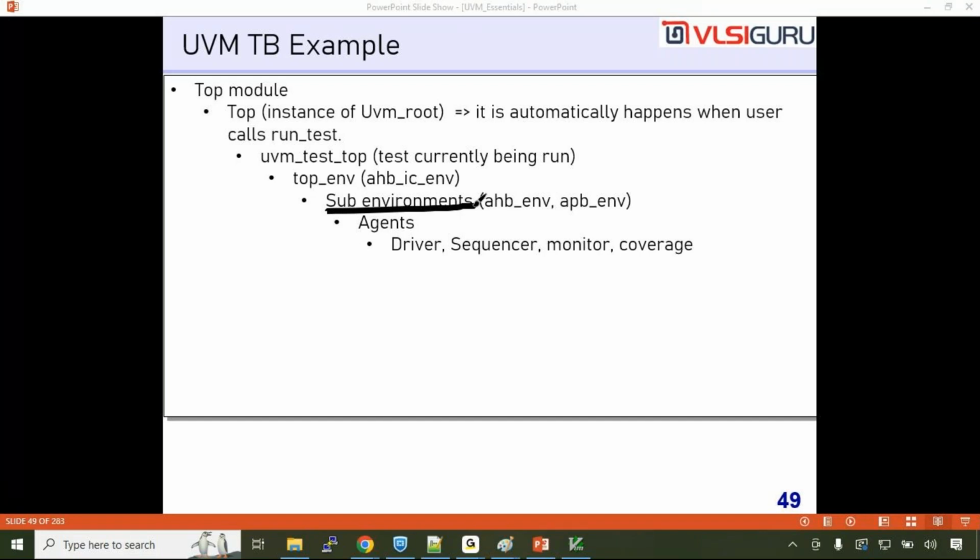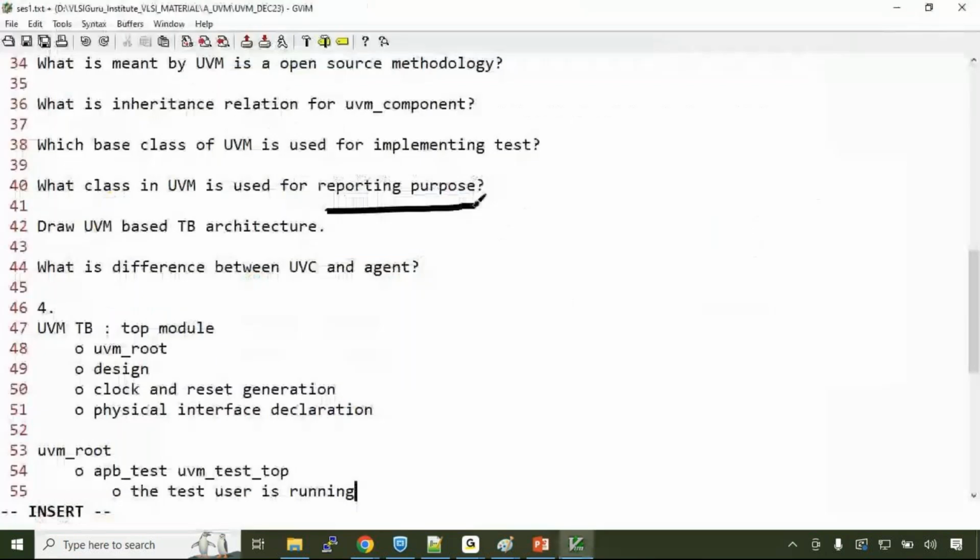So let's again revise once. What is the topmost thing? Top module. Below top module, UVM root. Below root, test. Below the test, environment. Below environment, sub environments, smaller environments. Below sub environment, agent. Below agent, driver, sequencer, monitor, and coverage.